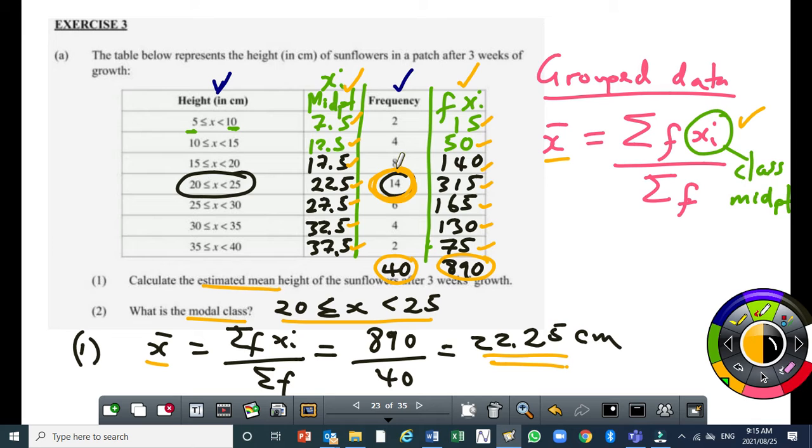Now check this. This estimated mean is between 20 and 25. There is a connection. Remember, the mean, the median, and the mode are measures of central tendency. In most cases, they're supposed to be close to each other.